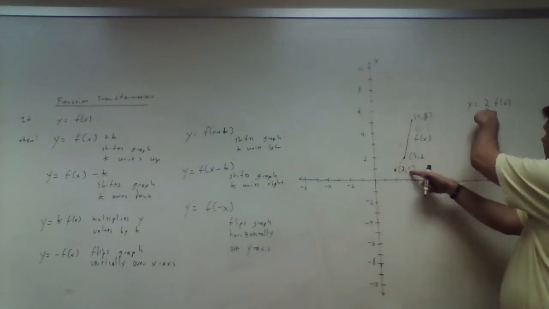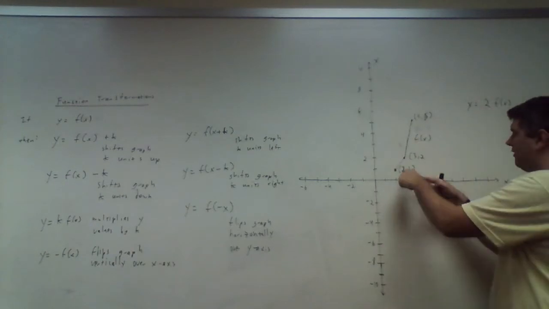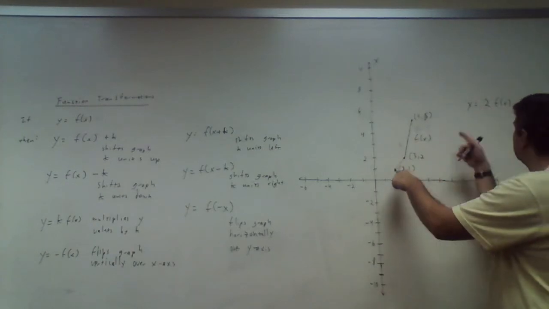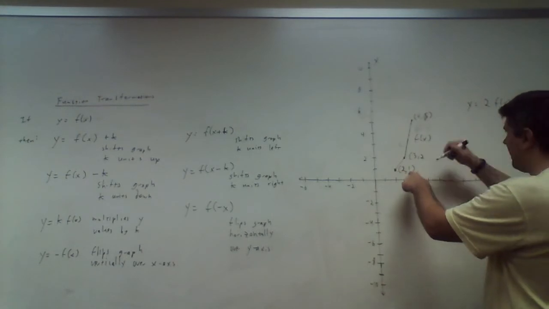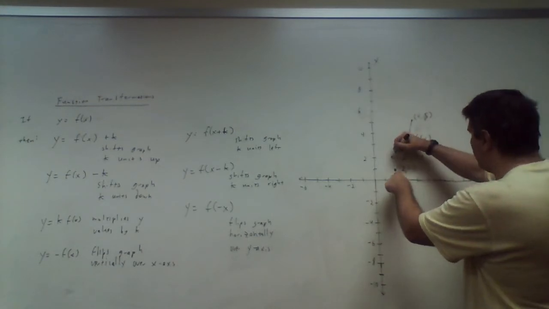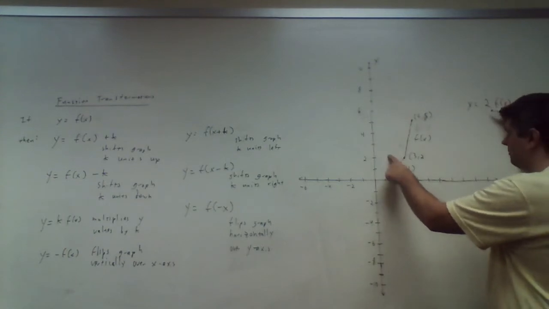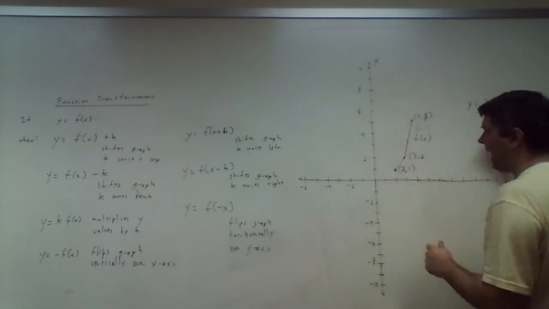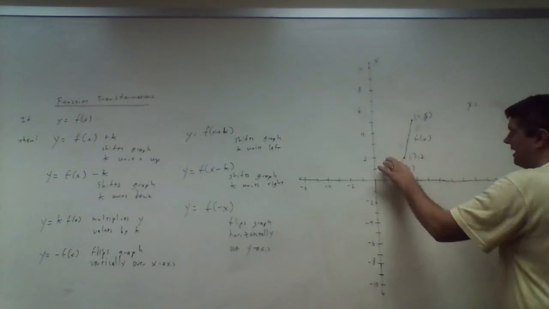If I multiply it by 2, this 1 will get multiplied by 2, and I'm going to have double that. Actually, let me save that for later.